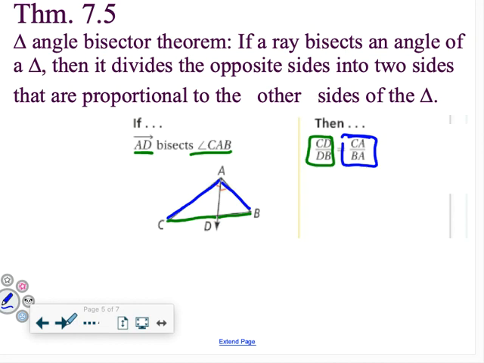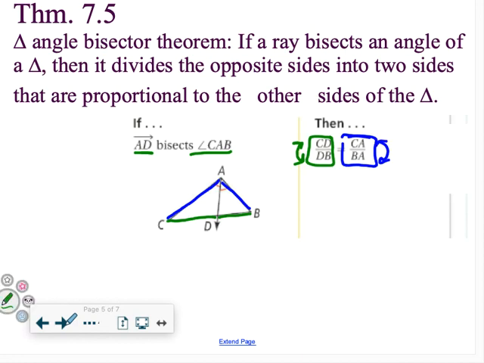So we're going to use that here in a problem. In this case, CD over DB equals CA over BA. Again, if these were to be flipped, then these would need to have been flipped as well.